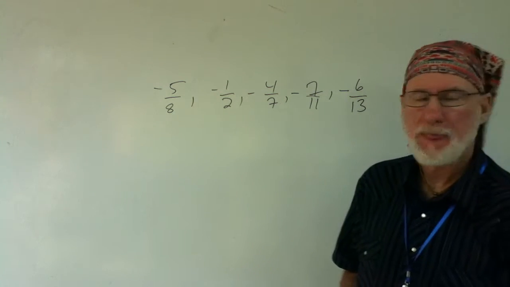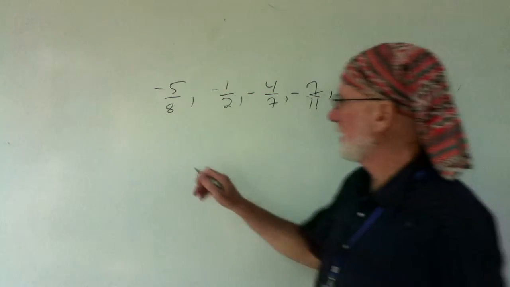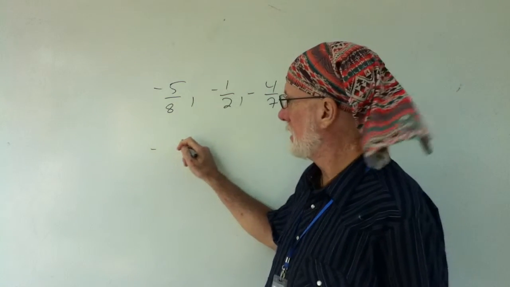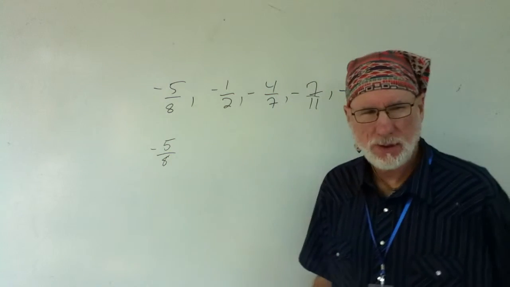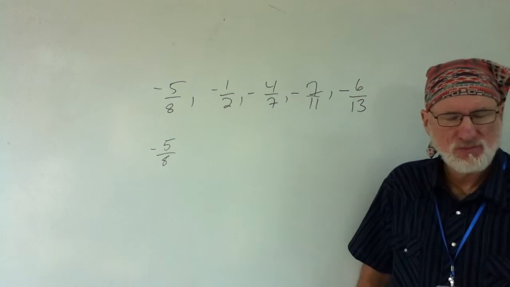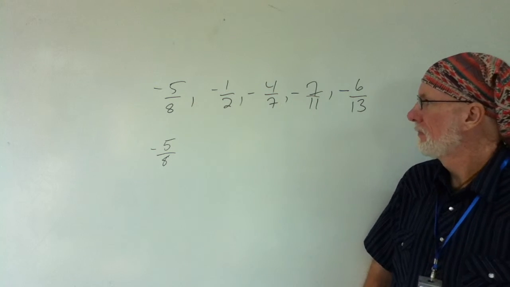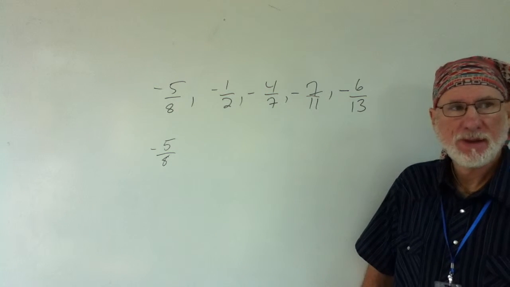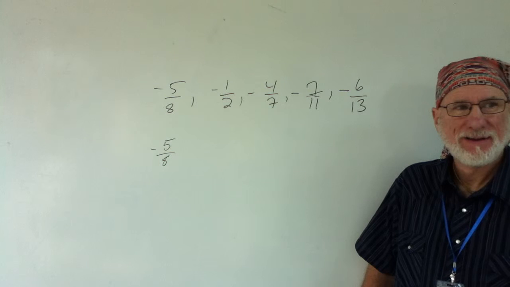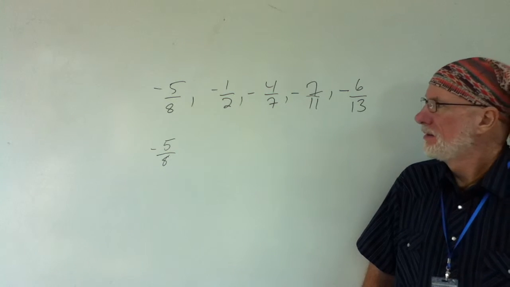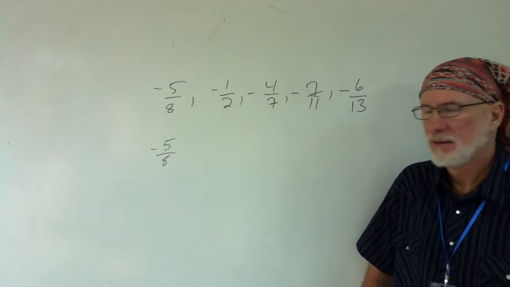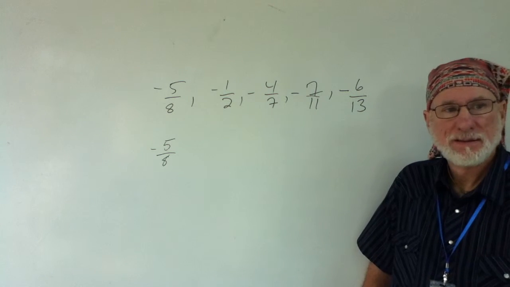Negative 5 over 8 is the greatest? You sure? Okay. 4 over 7, I'll buy that. 6 over 13 is greatest? No, it's actually less. Negative 4/7, this is the greatest.